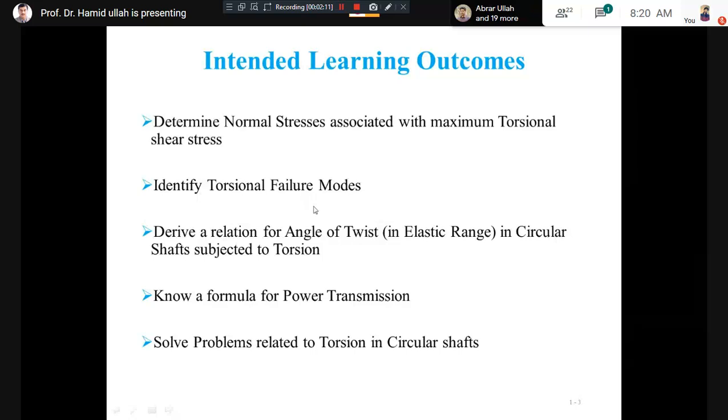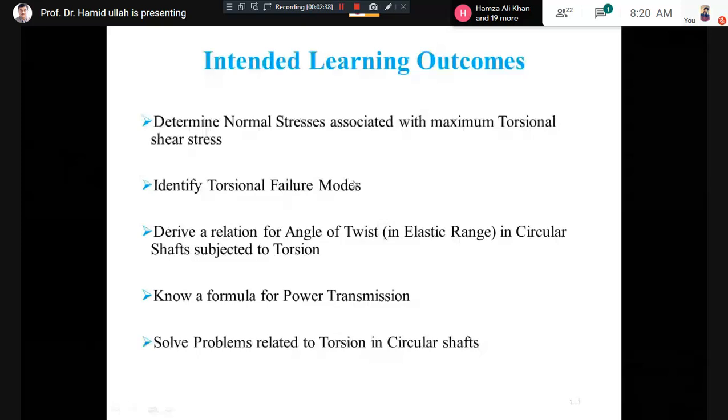Here we would like to know what the failure mode is when torsional load is applied to brittle material, and to ductile material, so that in real life you can distinguish between ductile and brittle material because of torsional load.